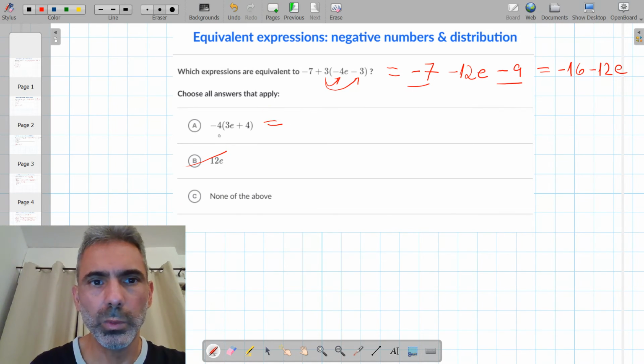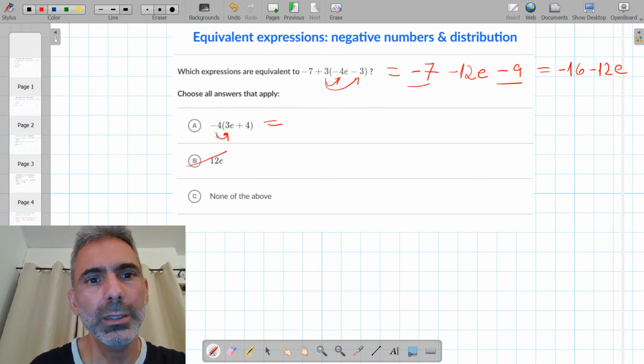And here, when we apply the distributive property, we get minus 12e. Then minus 4 times 4 is negative 16.